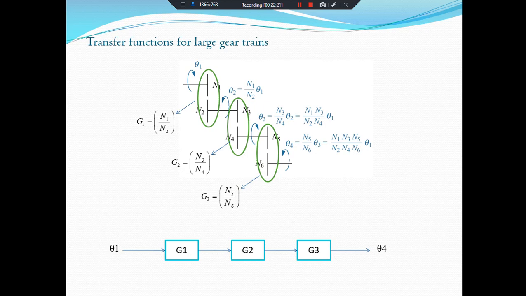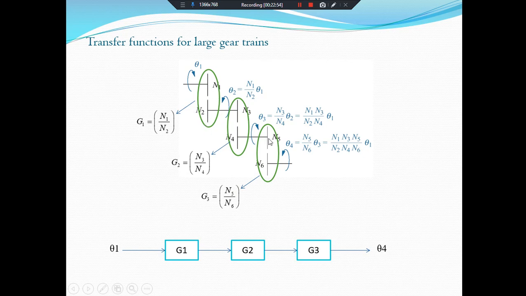It means if we have a system that has a large gear, to eliminate the large gear from the system, we cascade small gears, and this is called a gear train. By using this gear train we get the same result as by using the large radius gear. If a large radius gear is not available, or you want to design with a small radius gear, you can use the gear train.